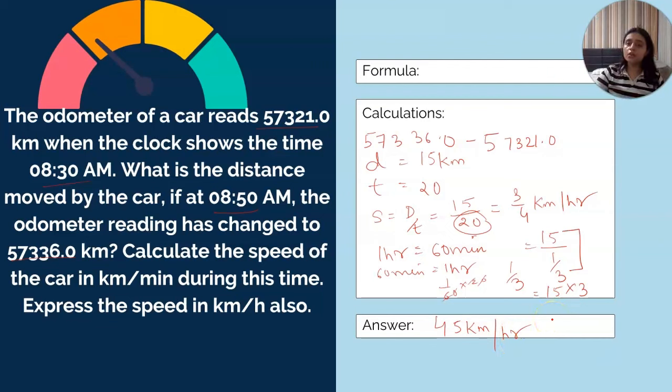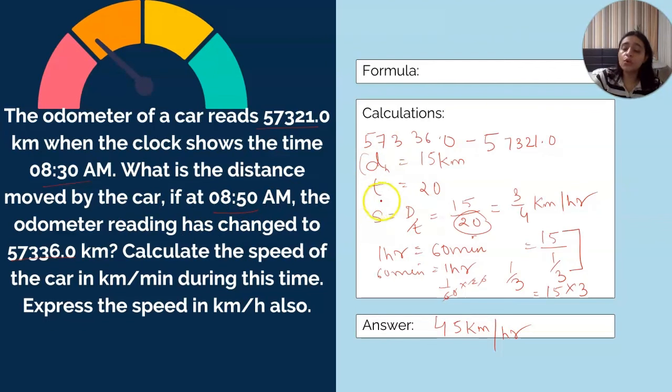All right. So what we have done in this question, first we need to know the distance. So we have subtracted the odometer reading here, like 57336.0 minus 57321.0, which means the final distance is being subtracted from the initial distance, right, in order to get the net distance. And then two times are also given.